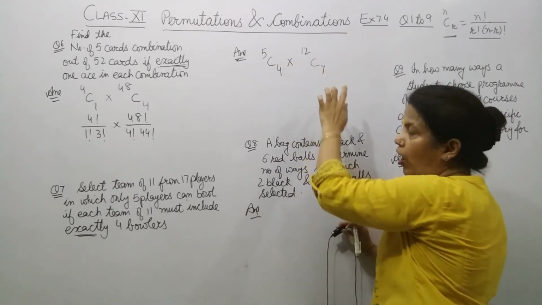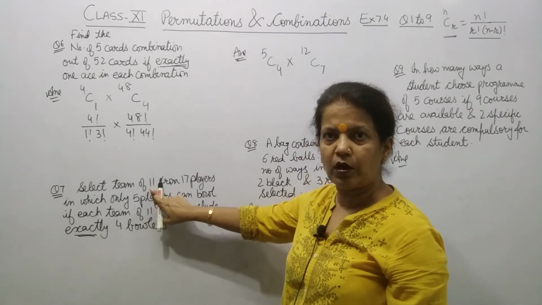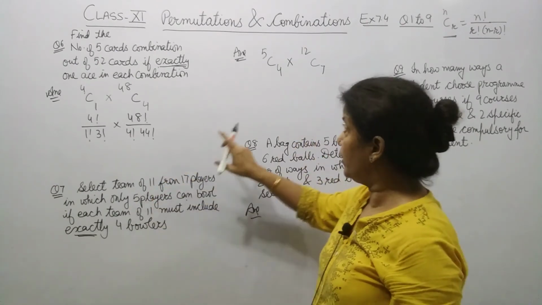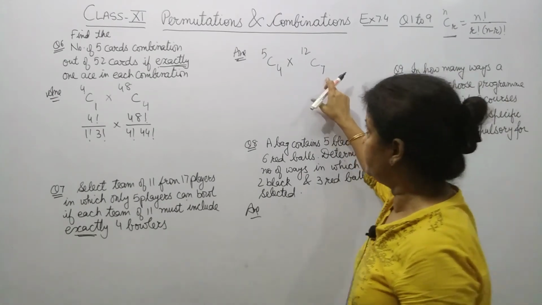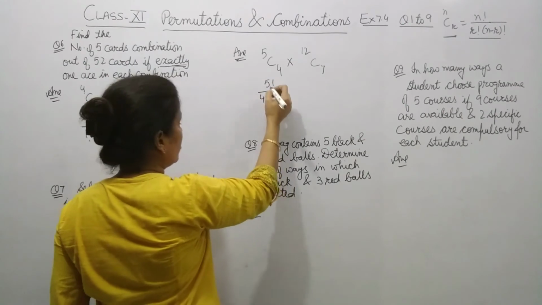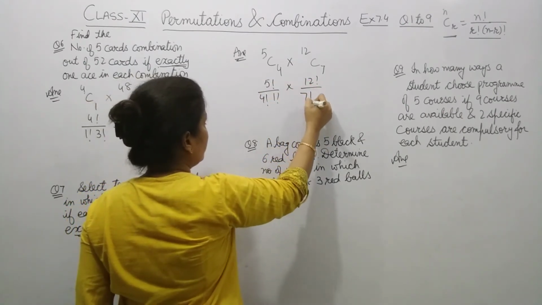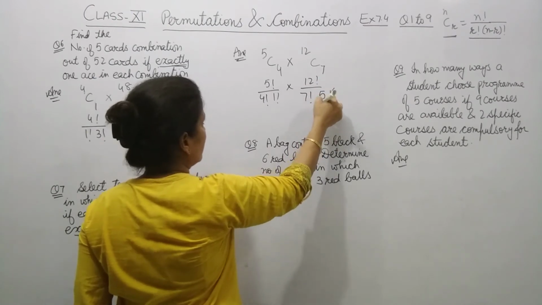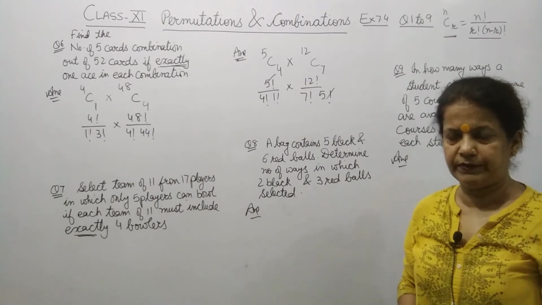Out of 12, how many we have to select now? Total we have to select 11 players. So 4 we have taken over here, so left is 7. Now 5 factorial upon 4 factorial into 1 factorial, multiply 12 factorial upon 7 factorial into 5 factorial. Cancel and then you can solve further.